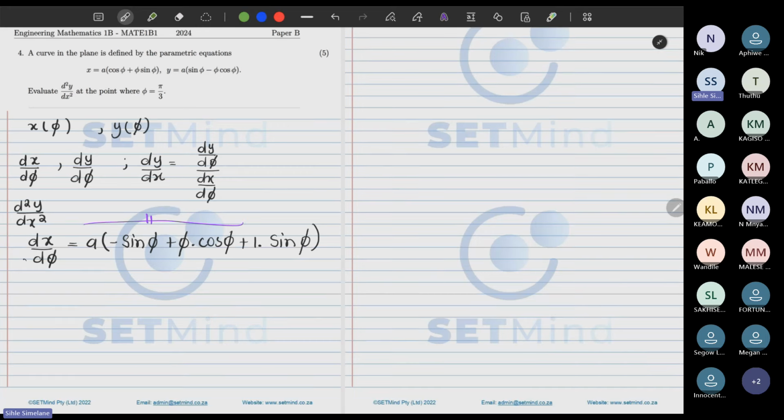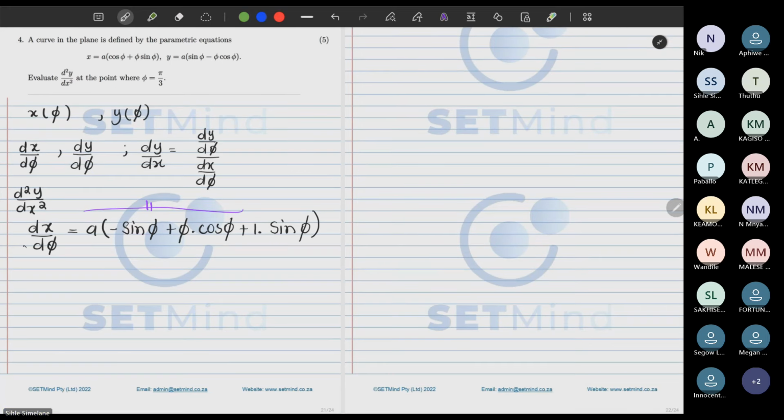So that is our first derivative. If you observe carefully, this and that add up nicely, so let's simplify it. Our dx/d phi will be a into that, and then cos of the angle. Let me see if I didn't make any mistakes. Yeah, it looks like I did not.